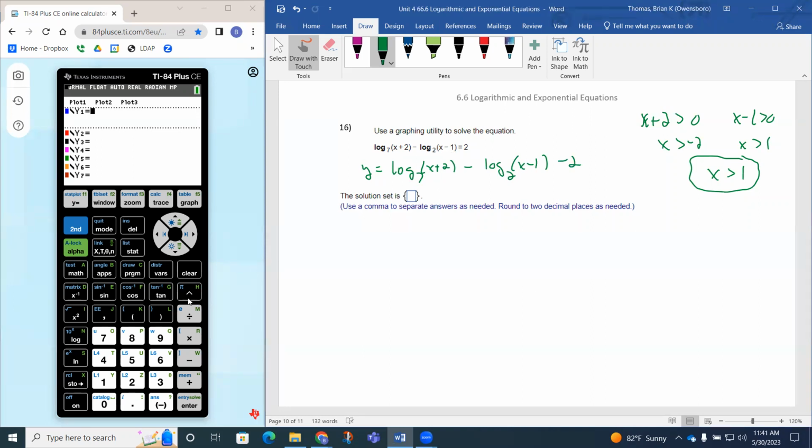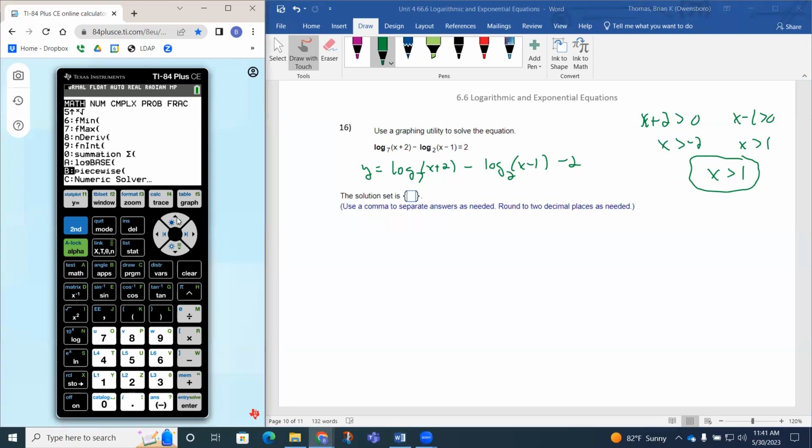Now on our calculator, we do have a special button. If we hit the math button and go up arrow, we have a log base that we can use. So that base is going to be a 7. And then in parentheses, we're going to have this x plus 2.